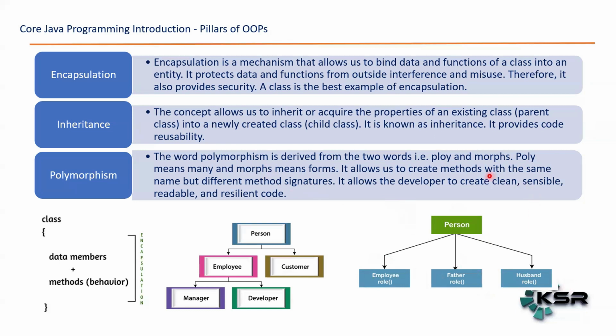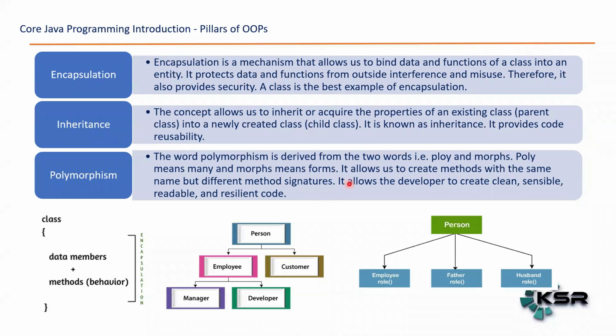For example, you take an employee in a particular organization. The employee could be female or male. That is your polymorphism. And below that, you will have multiple attributes. The developer has to create clean, sensible, readable code. That is what we call polymorphism.